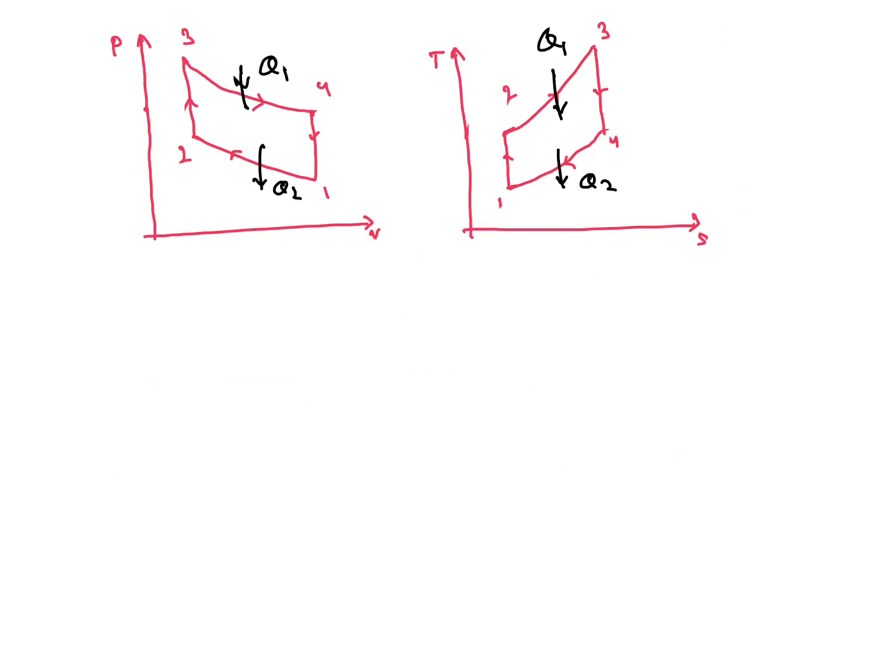Then heat supplied, process 3 to 4 isentropic process, it's Q1. Here constant volume heat addition 2 to 3 it's heat addition and 4 to 1 heat rejection.